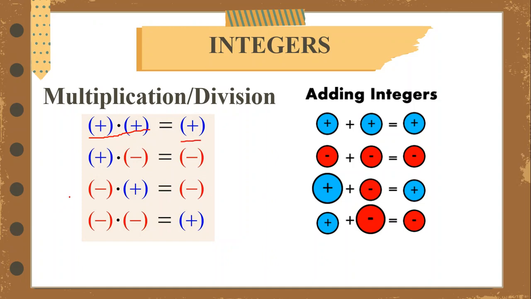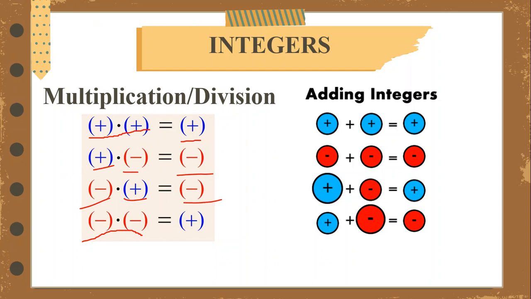Next, two negatives is equal to a positive. However, positive and negative is equal to negative. Negative and positive is equal to negative.